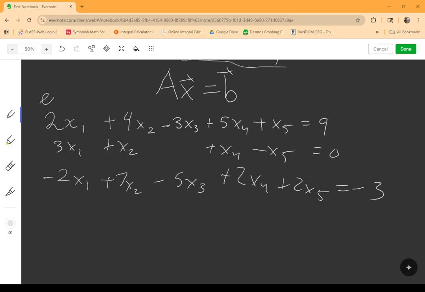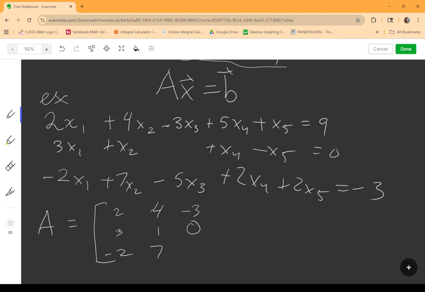All right, so in this example, I just want to write the matrix of coefficients and then write the vector of constants. So A is going to be a matrix with 3 rows, corresponding to the number of equations, and 5 columns, corresponding to the number of variables. My first column will be 2, 3, negative 2. Second column will be 4, 1, 7. And then my third column, negative 3. Now the second equation doesn't have an x3, so we still need a placeholder there.